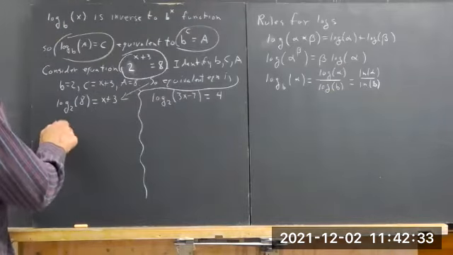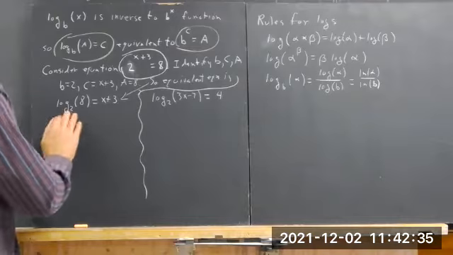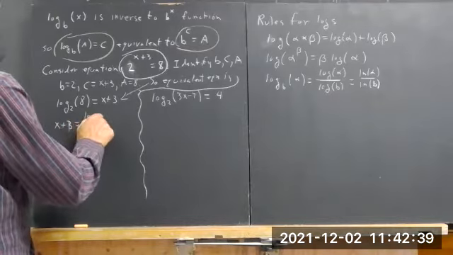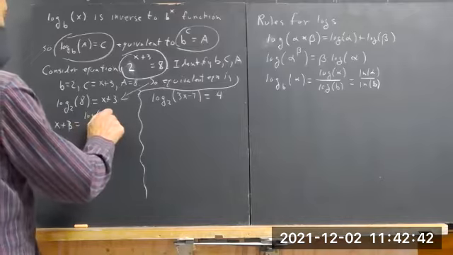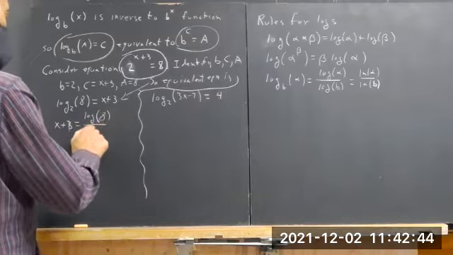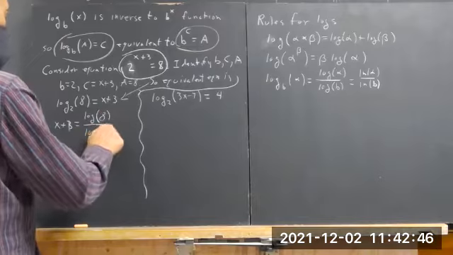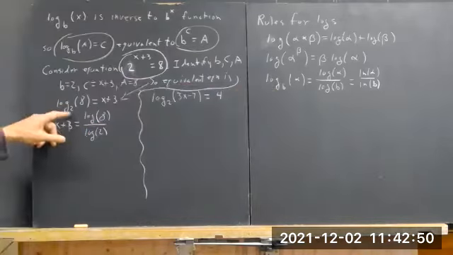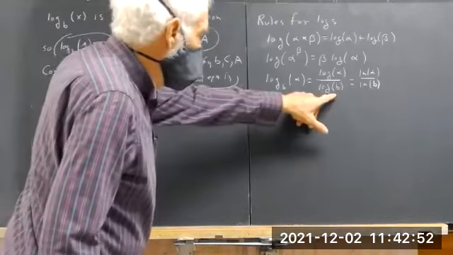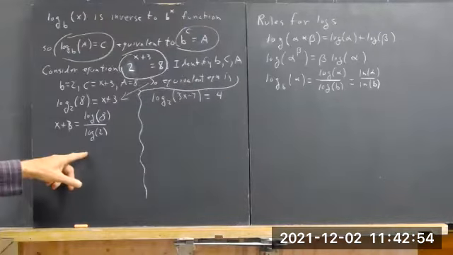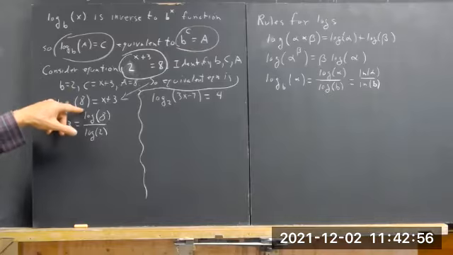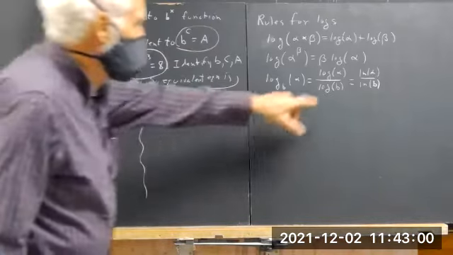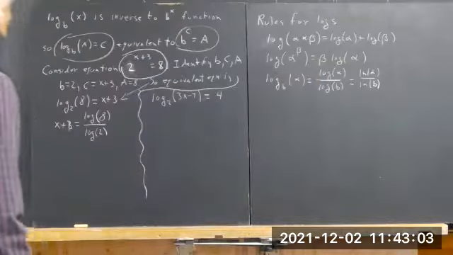So x plus 3 is log of 8 over log of 2. Because this is log base 2, and the log of b goes in the denominator. And then the alpha is 8, and the log of alpha goes in the numerator.